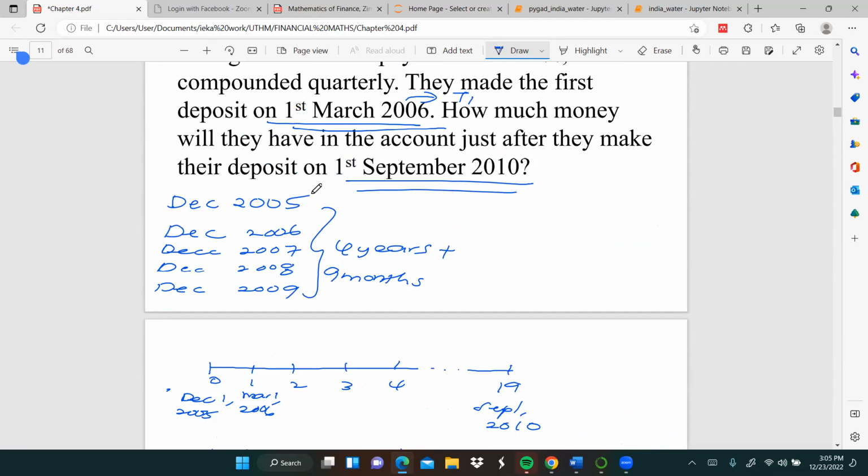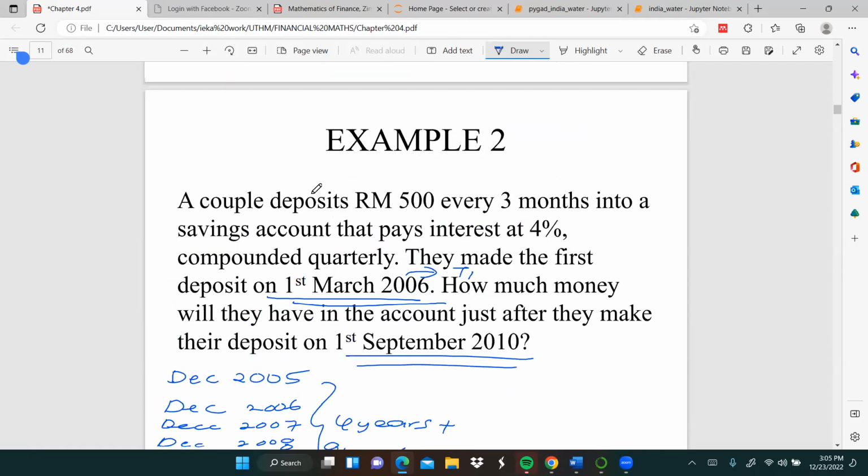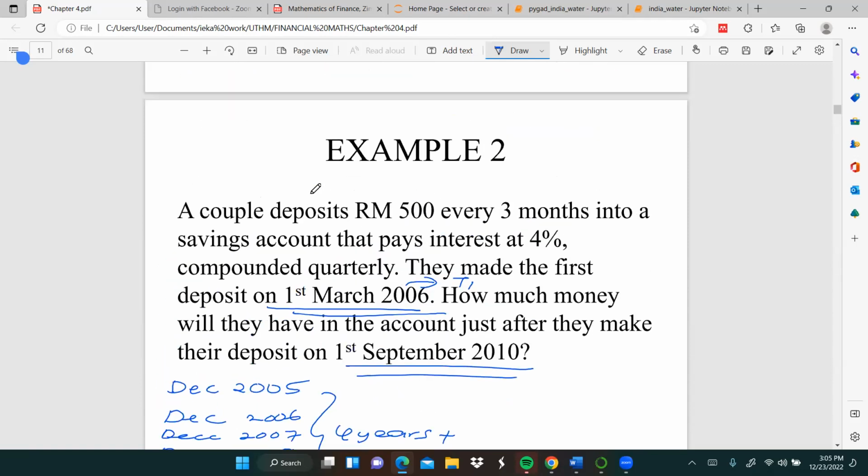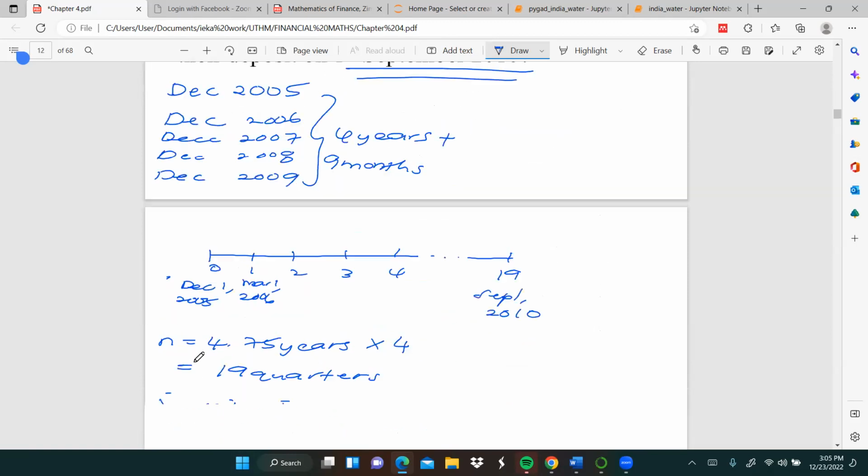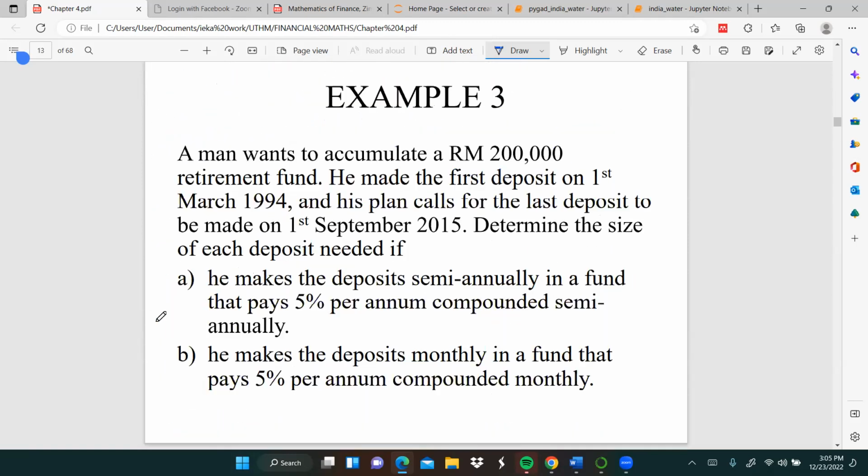So maksudnya kalau dia beritahu first payment ataupun first deposit, dalam kes ni first March, so time 0 kita, dan dia cakap deposit tu adalah setiap 3 bulan. So March tolak 3 bulan ke belakang, ia adalah Disember tahun sebelumnya. Okay, so kita tengok pula kes yang seterusnya.